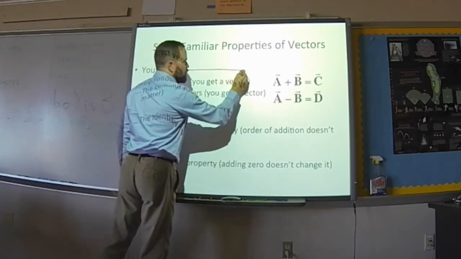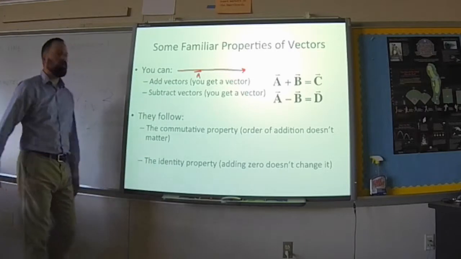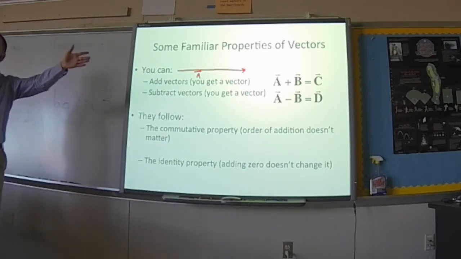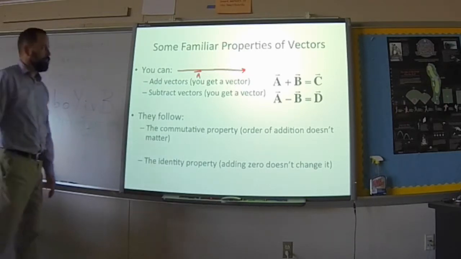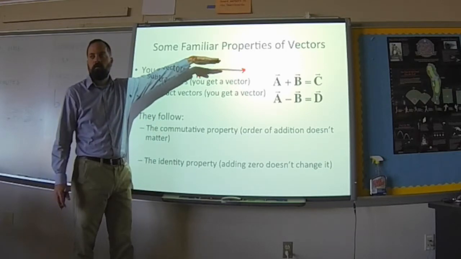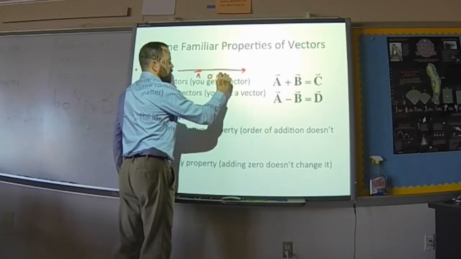Now, this is vector A right here. Okay, that's a little arrow over top of vector A. And let's just say they're displacement vectors. How many degrees north of east would that be? 0, right? 0 degrees north of east.